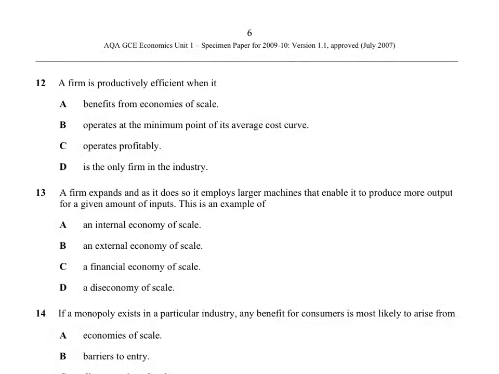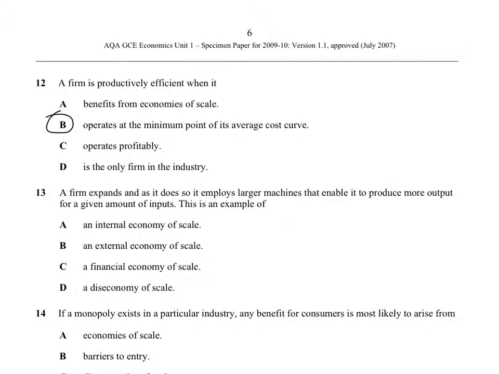Moving on. Question 12. A firm is productively efficient when, and we should have that basic definition of productive efficiency as the minimum point on our average cost curve. So that's a straight definition question that if you don't know, you need to check your definitions. 13, a firm expands, it employs larger machines to enable it to produce more output for a given amount of inputs.